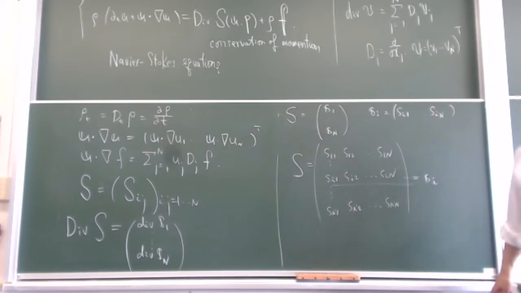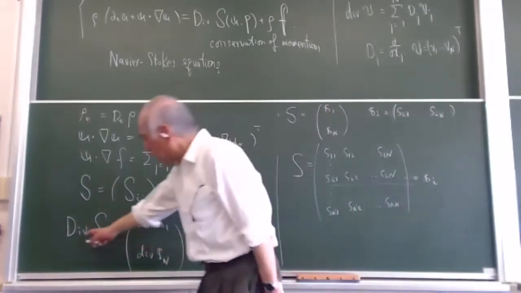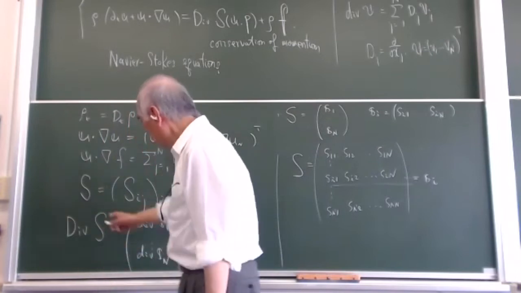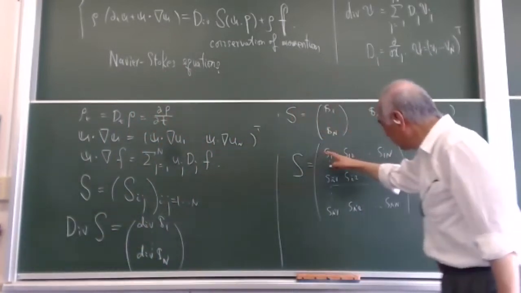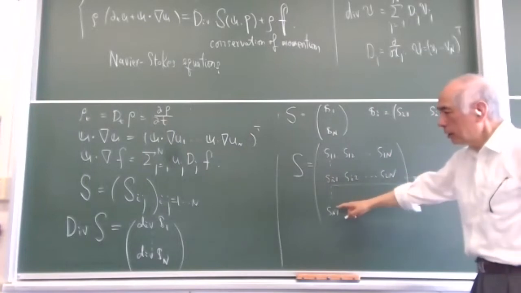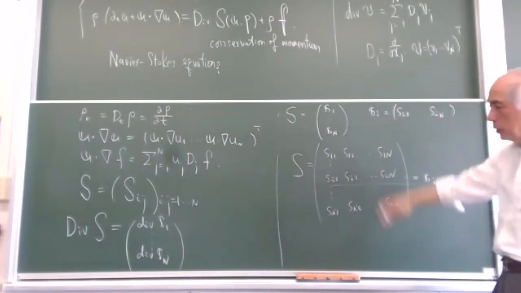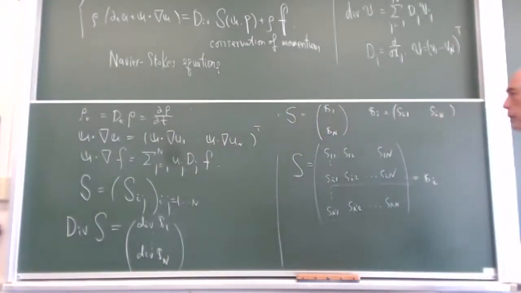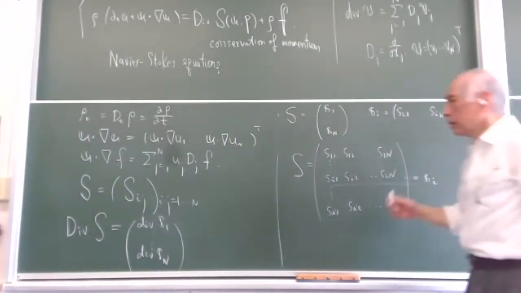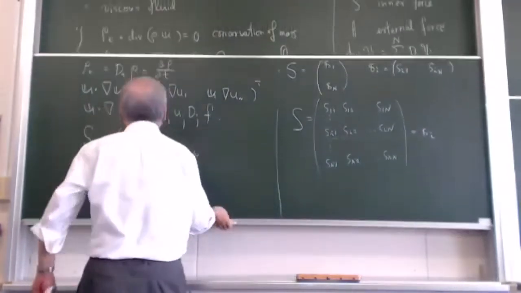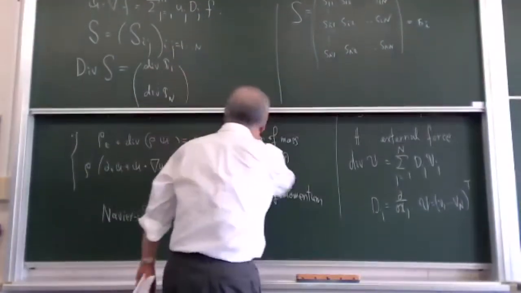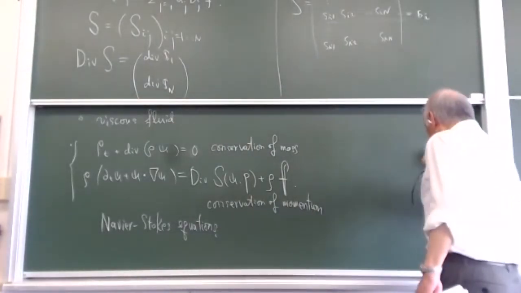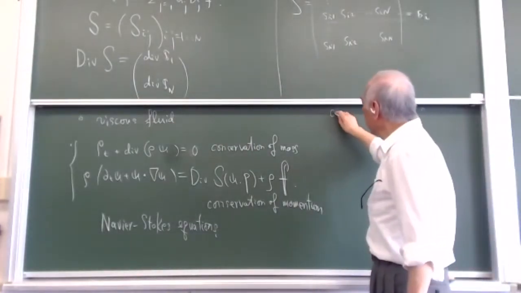You understand this notation. Therefore, if I use this notation, the divergence is taken this way, so you have the inner products. Therefore, by using this notation, you can write it component-wise.